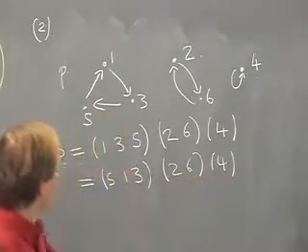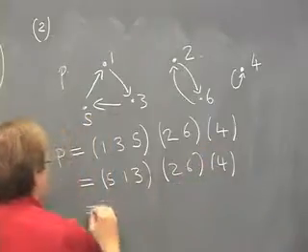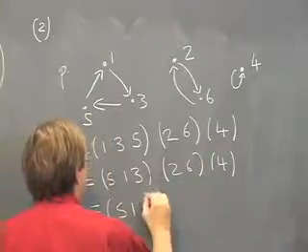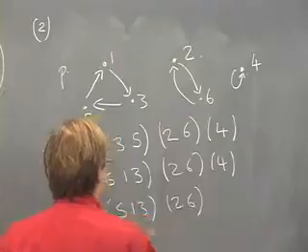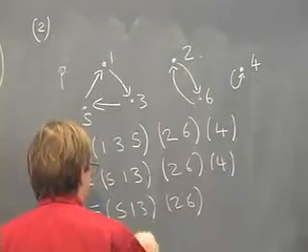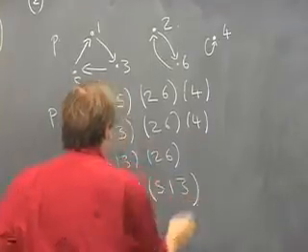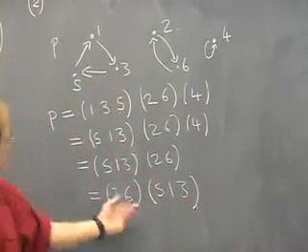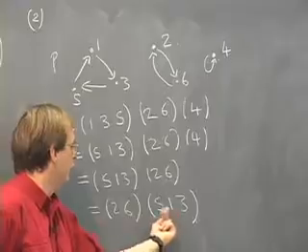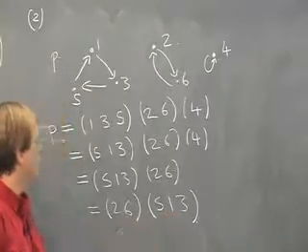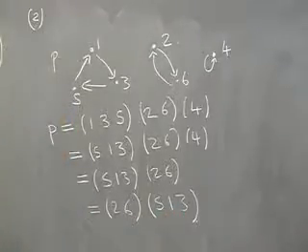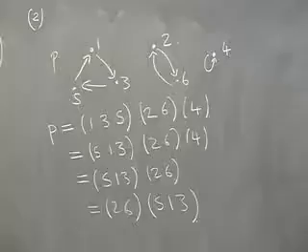If I have a 1 cycle, I can just drop it. Doesn't really make any difference. And it doesn't matter what order I write the cycles in. They don't involve any common numbers, so this only moves 5, 1, and 3, and this only moves 2 and 6. So there's a certain amount of ambiguity. But that's the limit of the ambiguity.